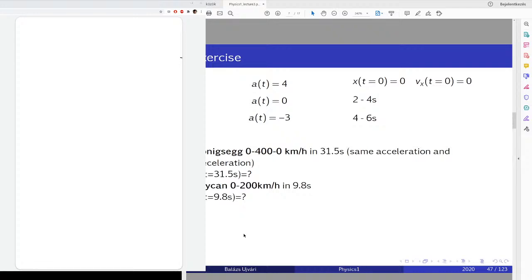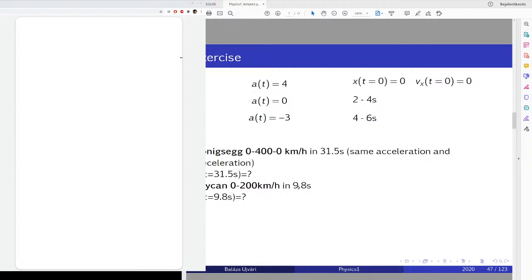Alright, exercise. These exercises are for homework. If you are familiar with supercars, I have a Taycan. From 0 to 200 km per hour it takes 9.8 seconds. Let's say the initial position is 0, the initial speed is 0.